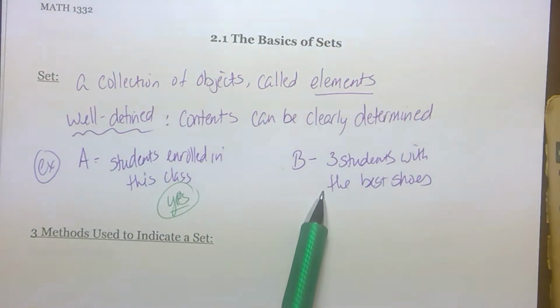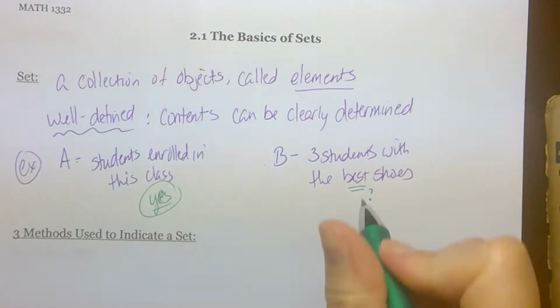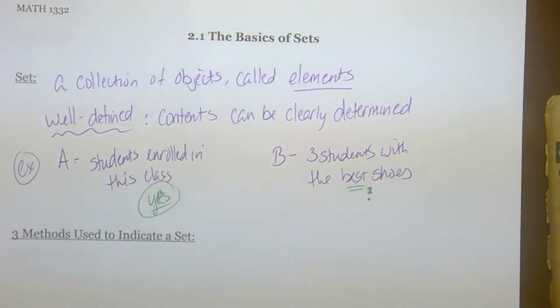Set B, however, is a problem because how do we define best? And will your definition of best match my definition of best? When I say best, I might mean the most comfortable shoes, the ones you can wear all day without your feet hurting, or that you can go walking in.